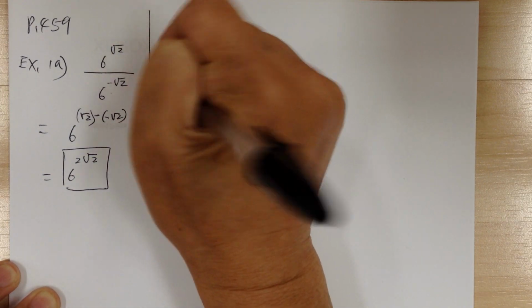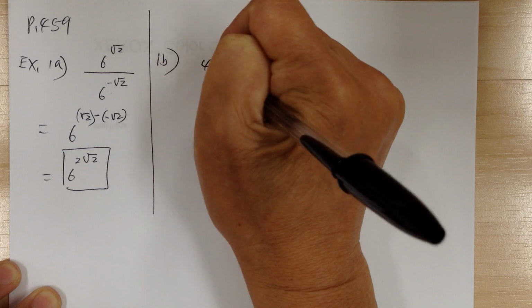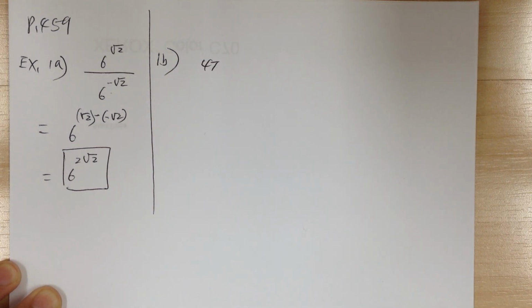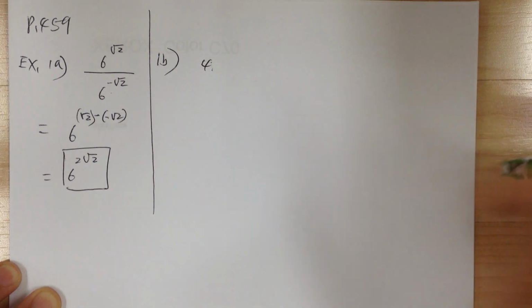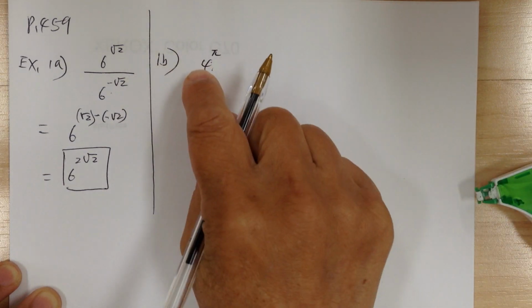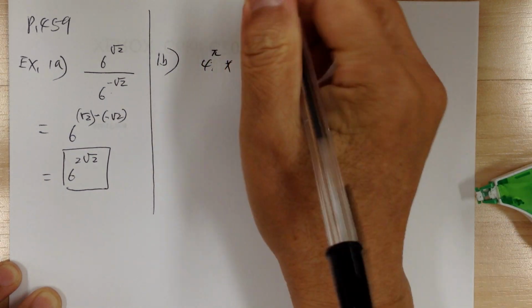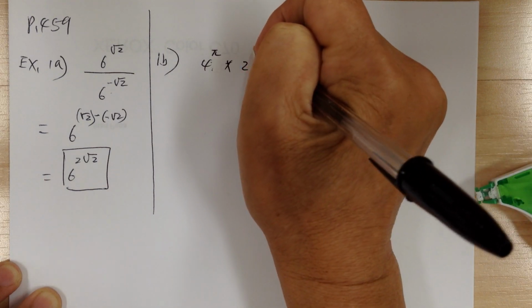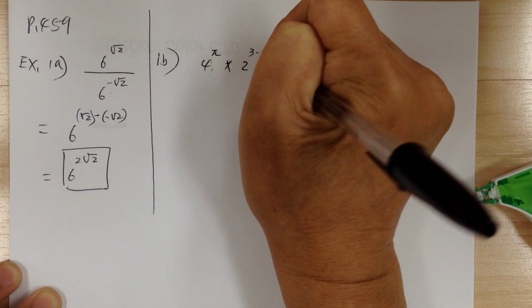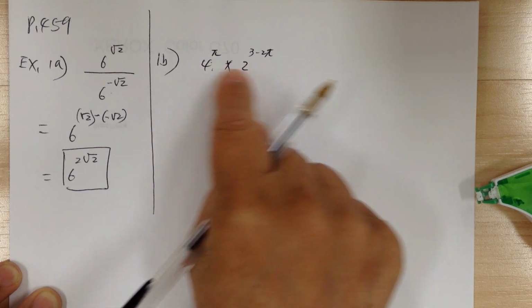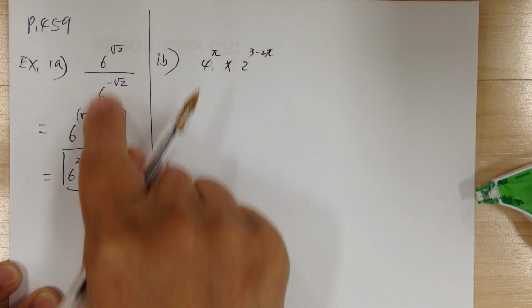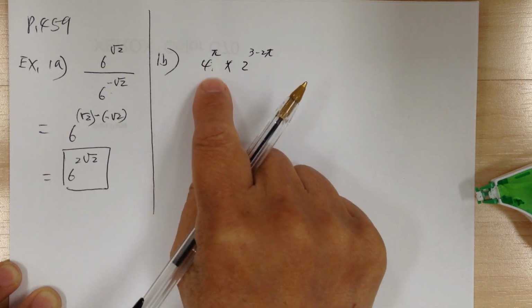Now for 1b, you have 4 to the pi times 2 to the 3 minus 2 pi. Be careful how you write your exponent, and make sure the exponent is up high. When the bases are not the same, you cannot do anything, so first you have to make it the same base.